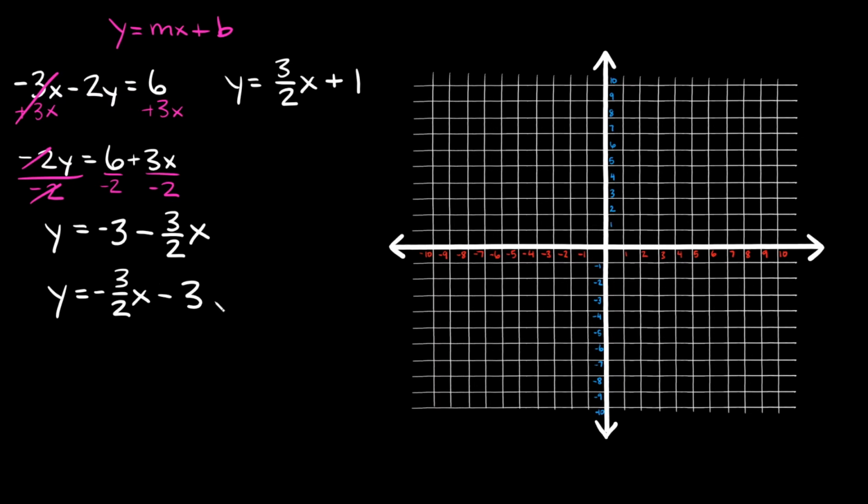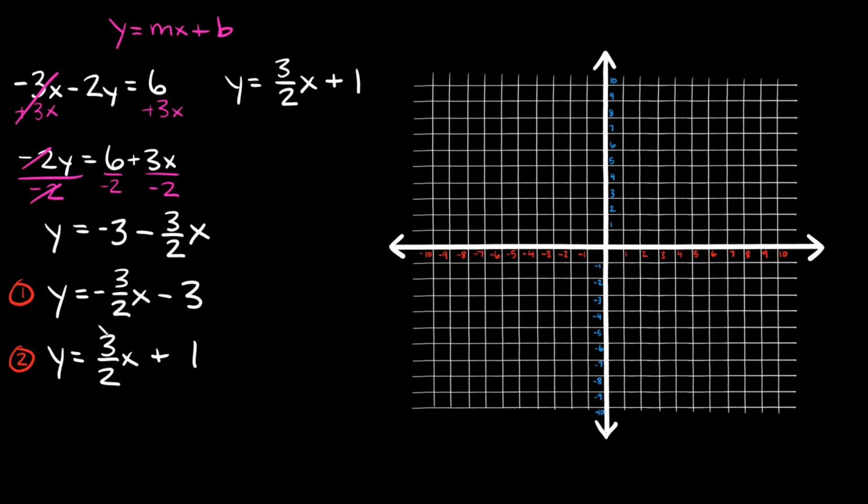So now this is in slope-intercept form. This is the first equation that we're going to look at, and then we're comparing it to this second equation right here. I'll just rewrite it down here: y is equal to positive 3/2 x plus 1. So this is the second equation.